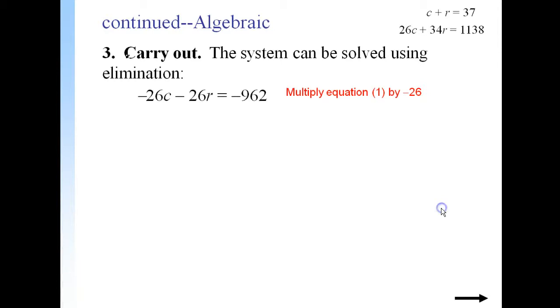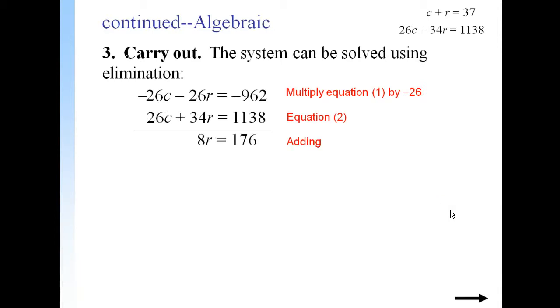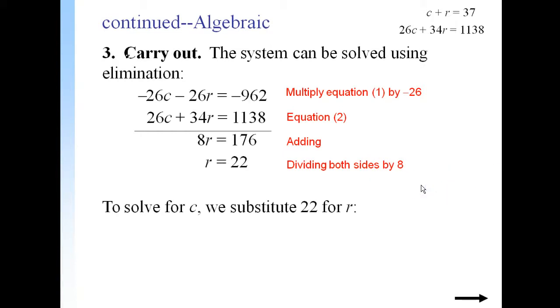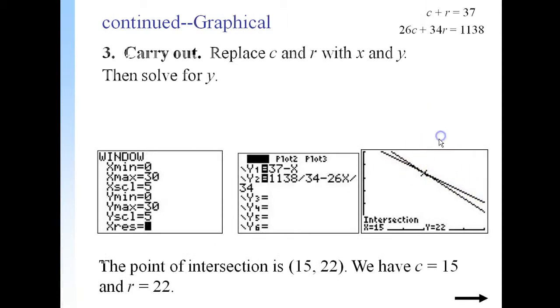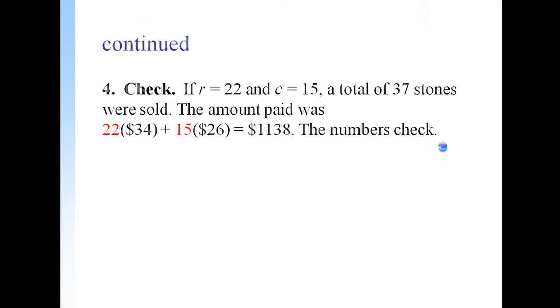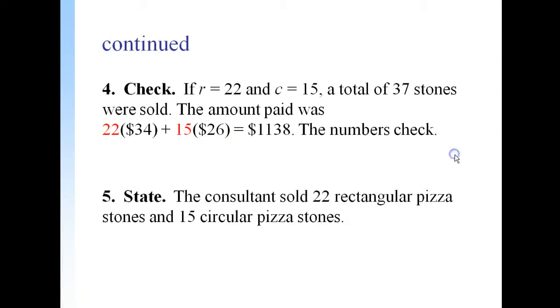Could have used substitution. And 8r equals 176. R is 22. And we substitute 22 for the r in our first equation. And we get 15 for c. Perfect. And you could have done it with a graphing calculator as well. And it checks out.